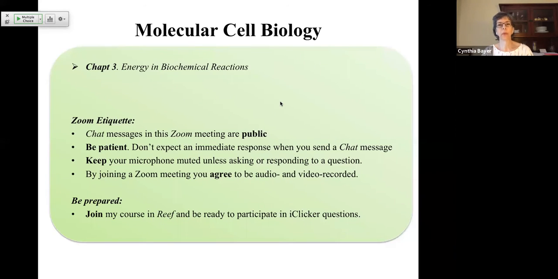So today we will continue with chapter 3, looking at how our cells are using energy, how our cells are processing energy in biochemical reactions. I want to remind everyone that we're going to be thinking about this conceptually.